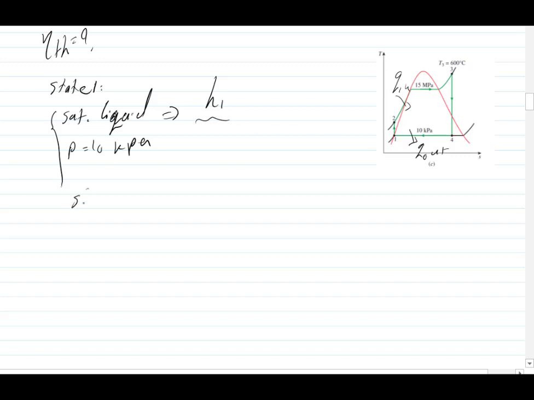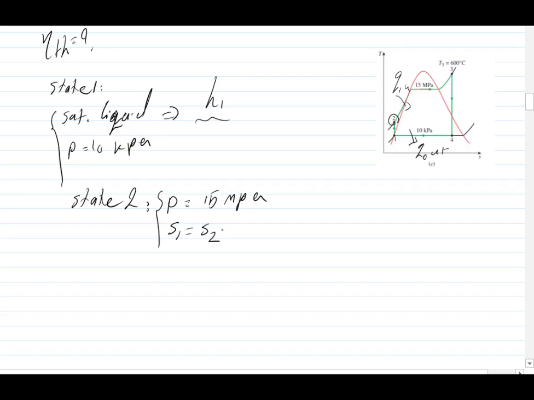What about state 2? If you notice in state 2, which is here, the pressure is changed. Because it is in the saturated water area, the pressure P here is 15 megapascal, and also if you notice here, s1 is s2, 4.2.